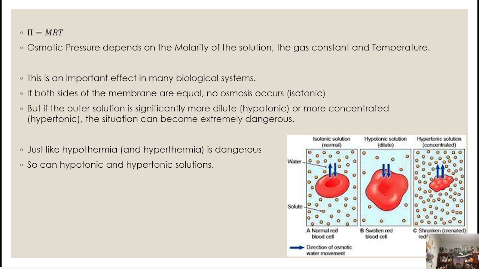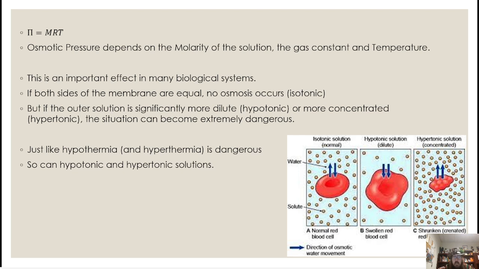We have a hypotonic system, and water will flow in and sometimes cause the cells to burst. If the solution is far more concentrated, the cells will shrivel up as water flees them. This is a hypertonic solution.